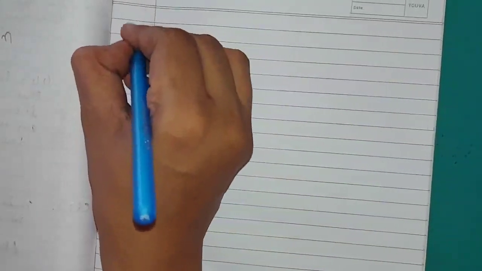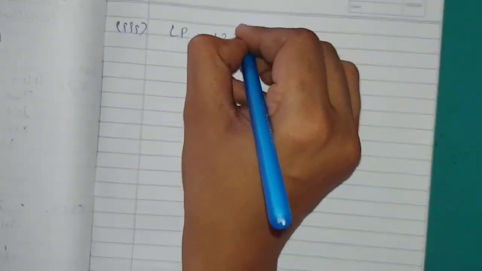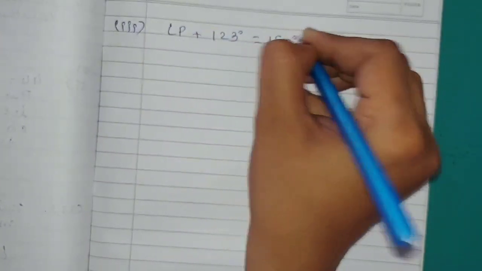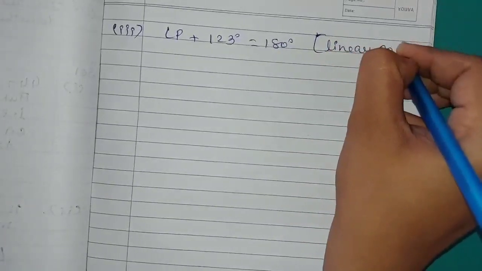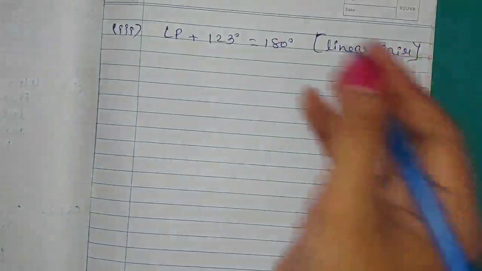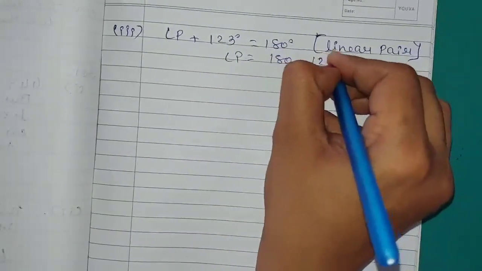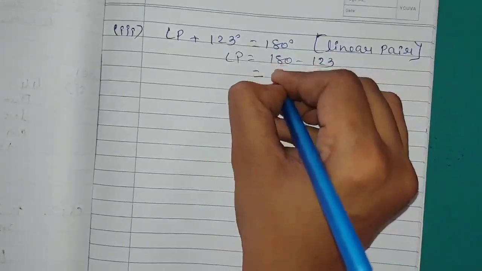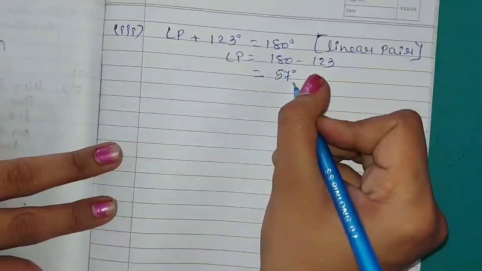Now solution 3. Here angle P plus 123 degrees equals 180 degrees. Why? Because of the linear pair property. So angle P equals 180 minus 123, that is 57 degrees. So we get the given angle and angle P, which we have taken, as 57 degrees.